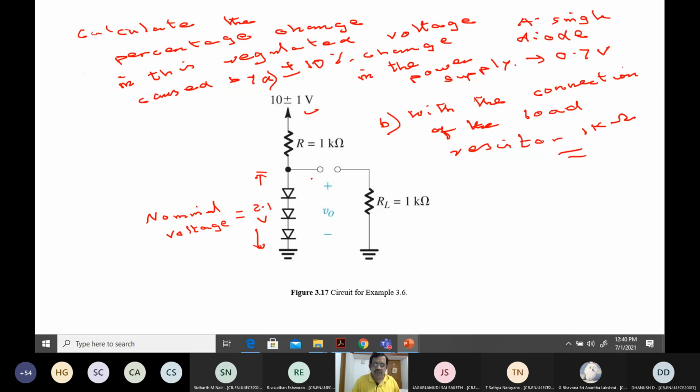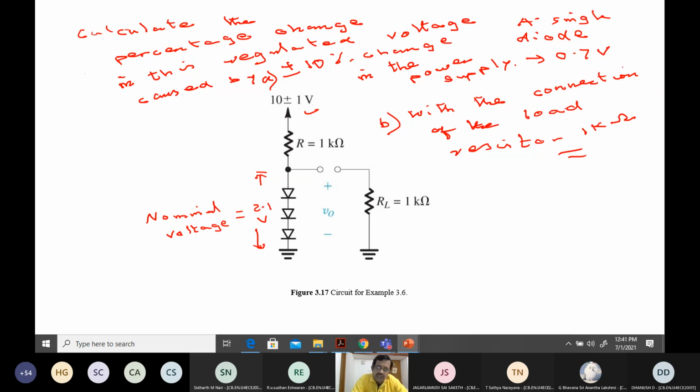How much of that variation will happen will be analyzed. The first part of the circuit, without the load, we will have to analyze to get an answer for the 10% change in the power supply. Then the second question will come with the connection of the load resistor. So let us take one step at a time. First we do the DC analysis, and in yesterday's class we saw that we can separate the DC analysis from the small signal analysis.